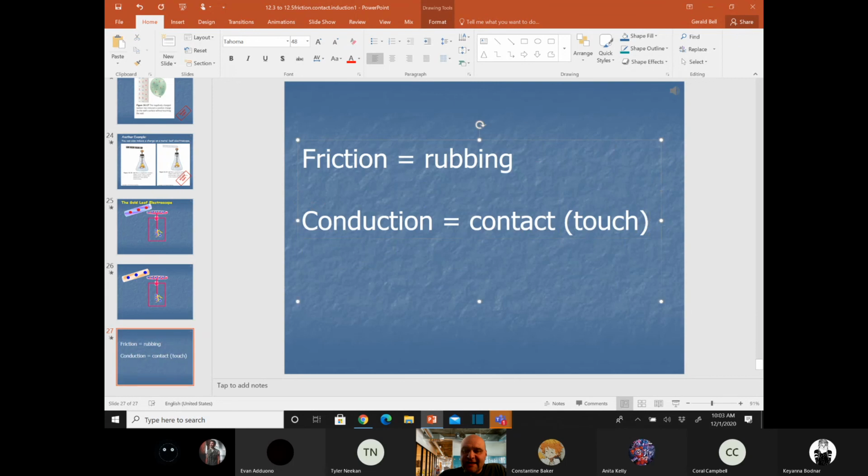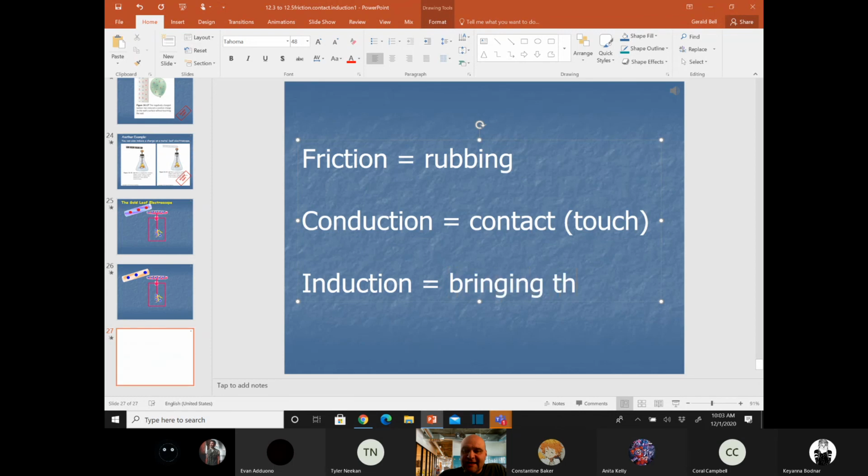And the one we just talked about was induction. And it's like bringing them close together. So there's no touching. Bringing things close together. No touch.